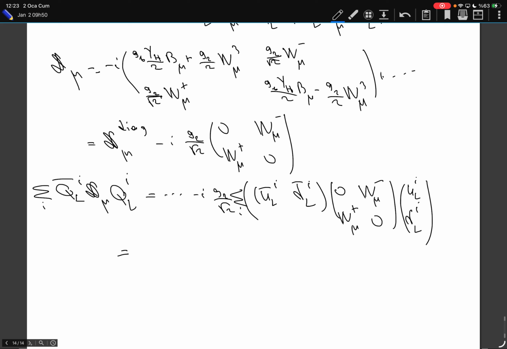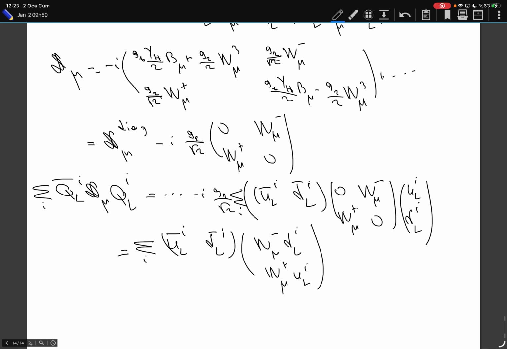Summed over all flavors, all families, this gives UL bar i omega mu minus DLi plus DL bar i omega mu plus ULi. I probably identified the minus and the plus fields in the wrong way, but I will keep this notation. I didn't yet look at what the charge of omega mu plus or omega mu minus is.